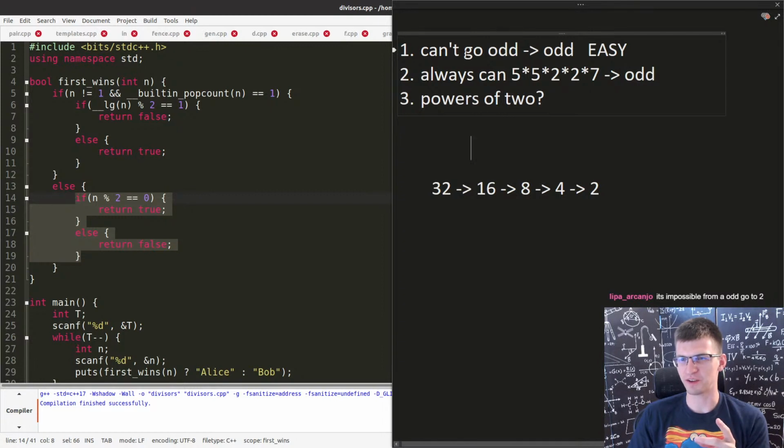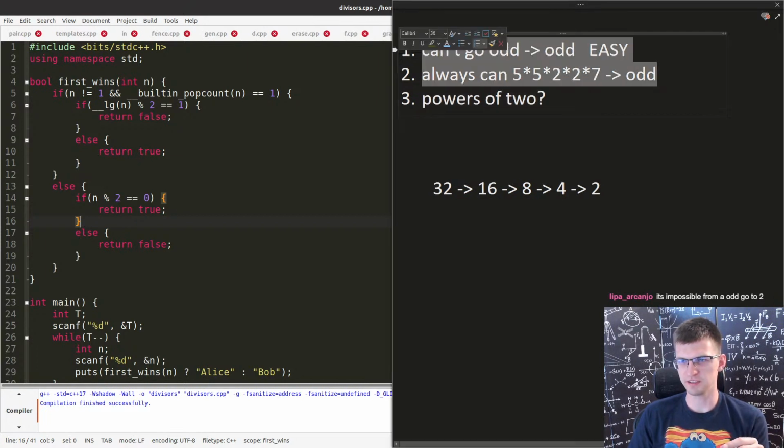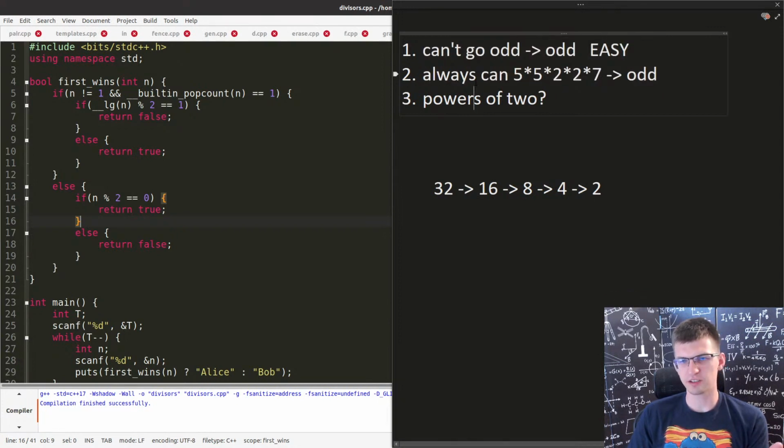We said that by default, even is winning, odd is losing, but that's not true for powers of 2. So this proof is incomplete. When I did this, I assumed that there are no exceptions, being powers of 2. And we said that odd is bad because from odd you can only get to even, and even is winning.